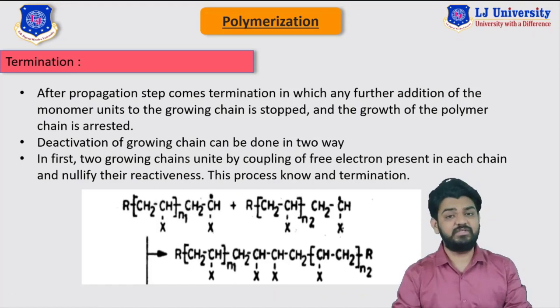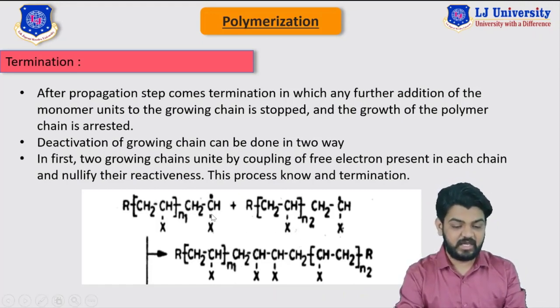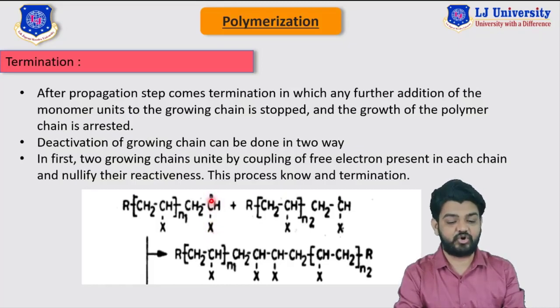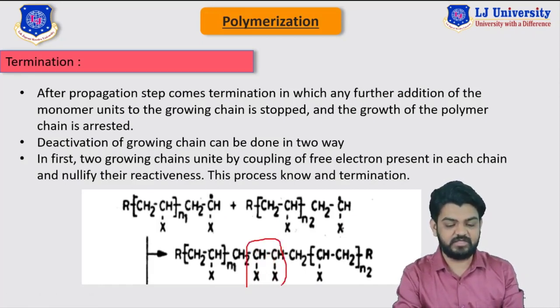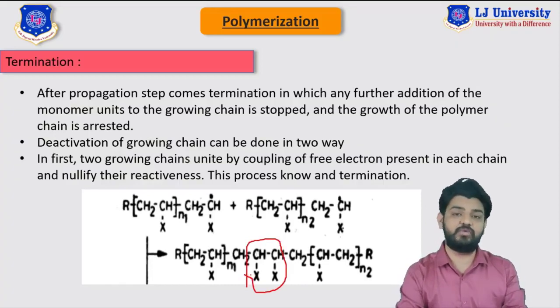Let's see how this actually happens. Here, this CH-X compound has one free electron, and this other CH-X compound also has a free electron. When they merge together, you can see in this particular section that both compounds have merged by making one bond and donating one electron to each other.